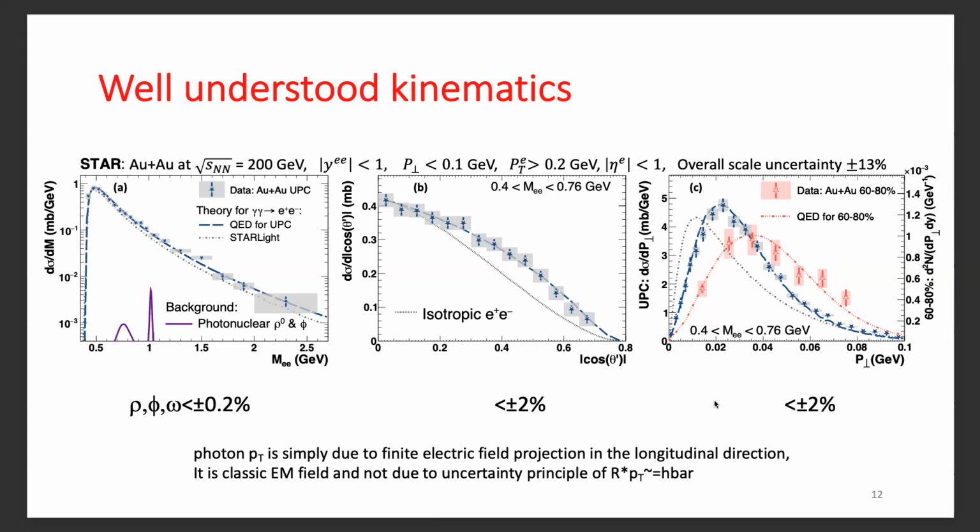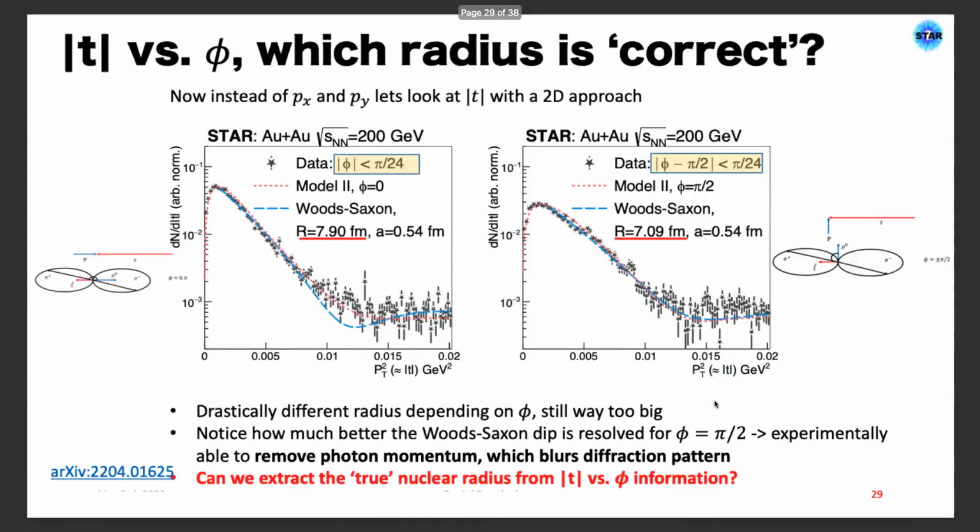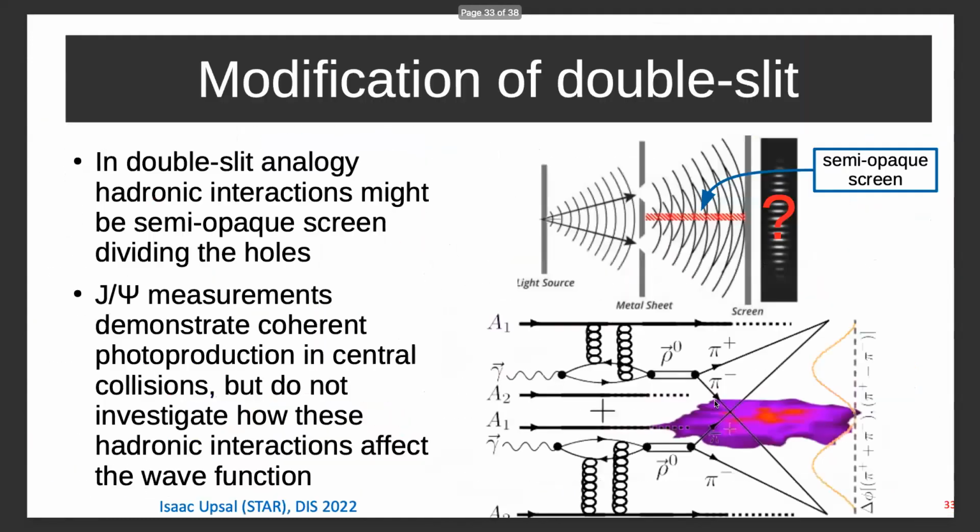Okay, just two quick questions. Slide 33, the double slit experiment with a screen you put in between. If you have a solid screen, then you should not have an interference, right?